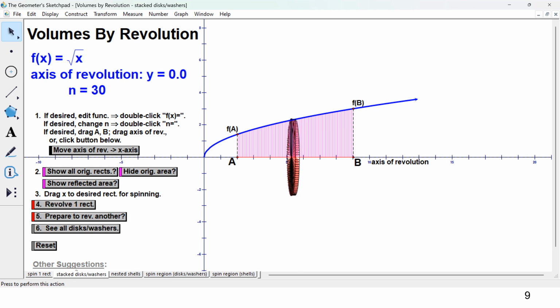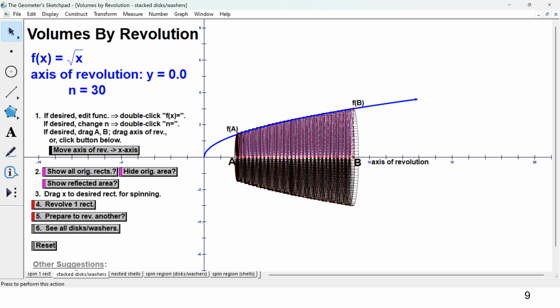And based on what we know about calculus, if I can find the volume of that disk, I can integrate all the disks from A to B, and when I'm done, I have the volume. Okay, so you get all of those things added up, and you end up getting the volume of that figure when you spin it around the x-axis.